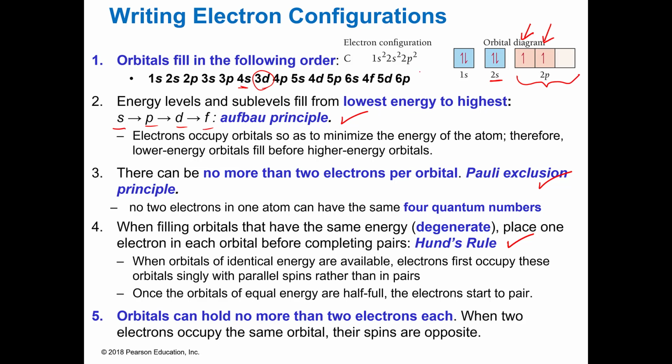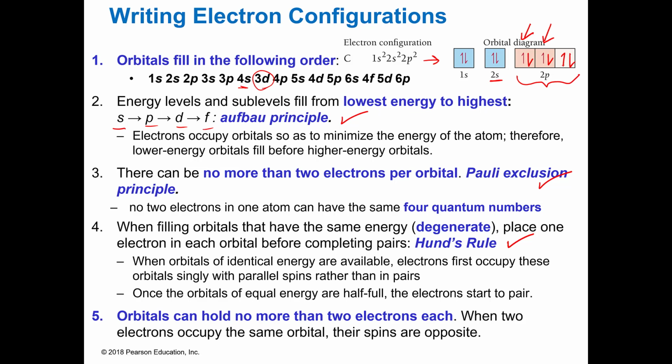This is the one for carbon, but if I was doing something that had more electrons in it, I would put another electron there before I paired up electrons. And then I would go on and pair the rest of those if it was full, because you've got to have enough electrons to do that.